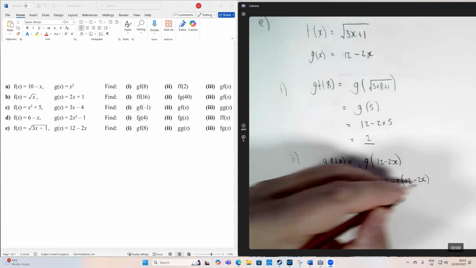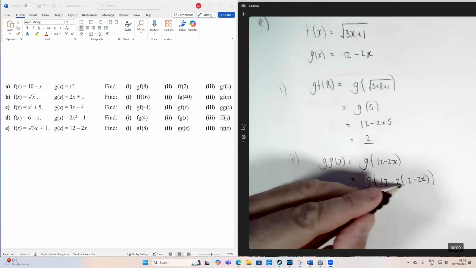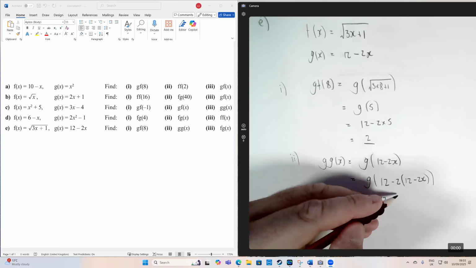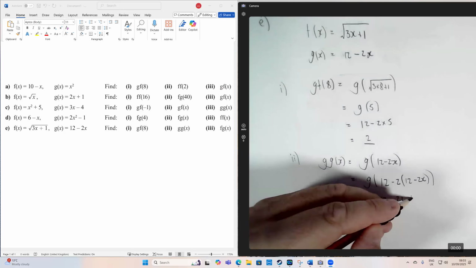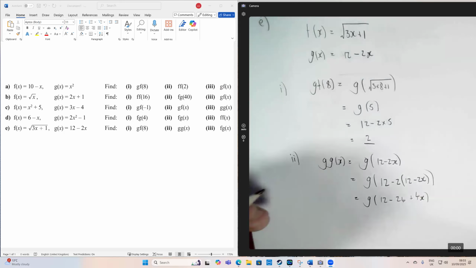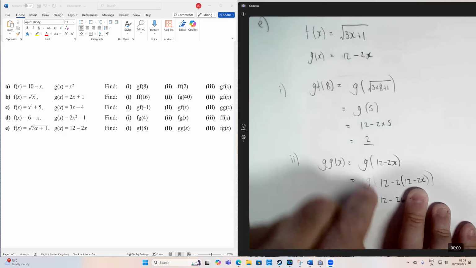Okay, there we go. Now we can expand this bracket, so that's 12 minus 2 times 12, that's going to be 24. And minus 2 times minus 2 is plus 4x. Keep on collecting these like terms. Oh, actually, I've put a g of x there in brackets. I didn't need that because this is our answer that we're working out now.